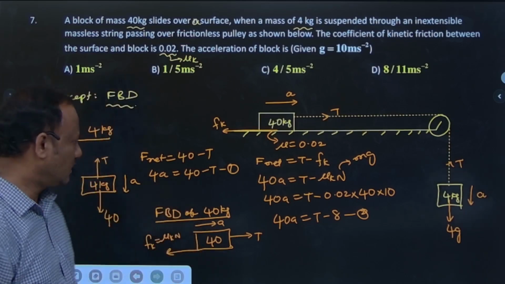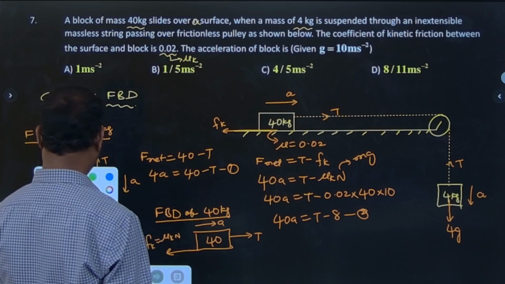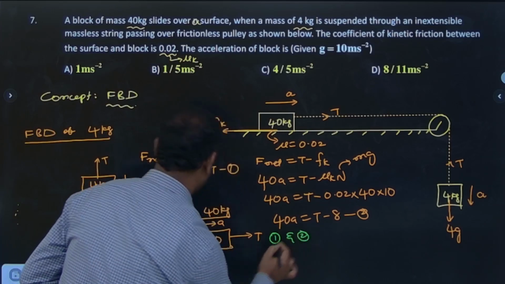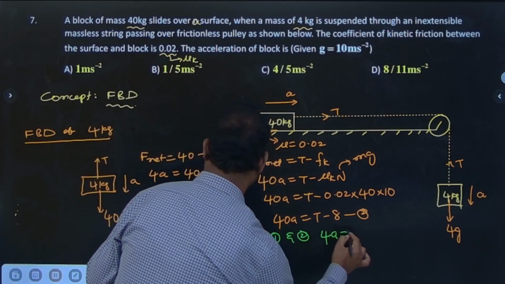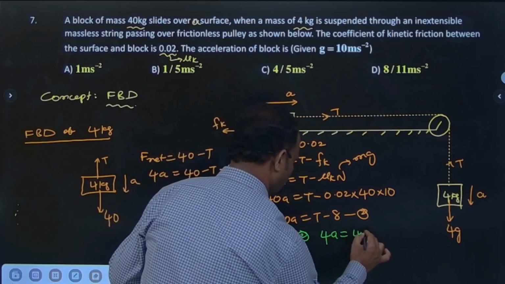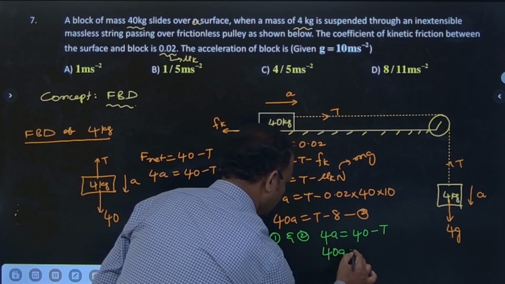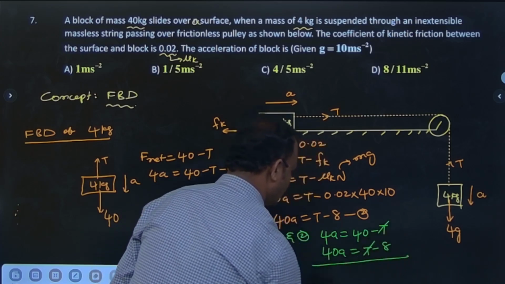From equations 1 and 2: 4a equals 40 minus T, and 40a equals T minus 8. Minus T plus T cancel.